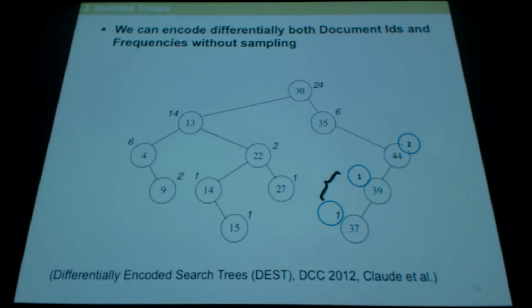And we can change the numbers, and we can actually get rid of a lot of bits there. And we can also still apply the delta gaps for the documents IDs. In this case, for example, 4 and 9, we can represent the 9 with a 5. The only tricky part is that every time we go to the left, we have to subtract, and every time we go to the right, we have to sum. Right? And for the frequency part, every time we go down, we just have to subtract.